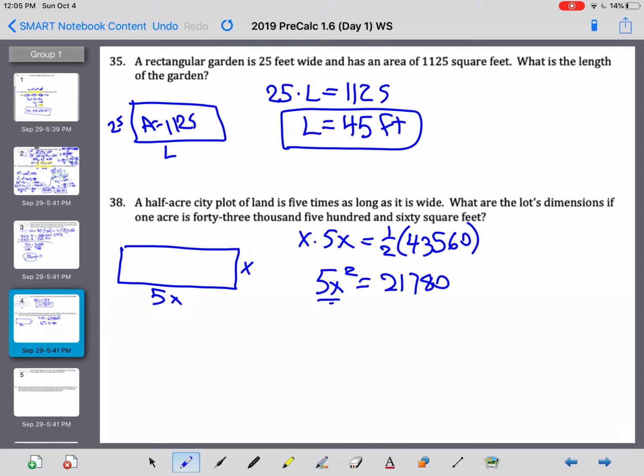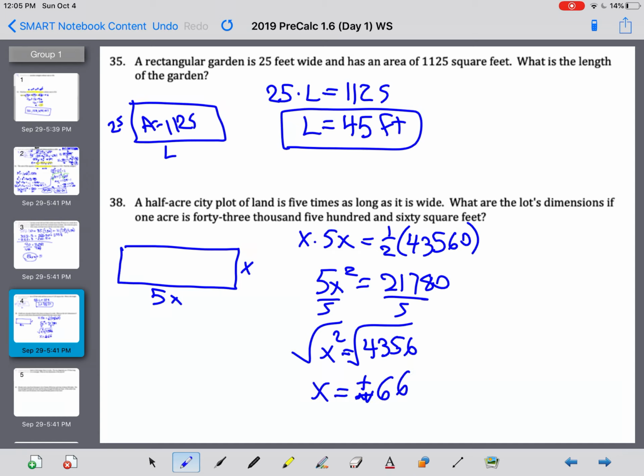This is going to give me 21,780. Divide by 5. x squared is going to equal 4,356. We're going to square root both sides, and we get x equals plus or minus 66.